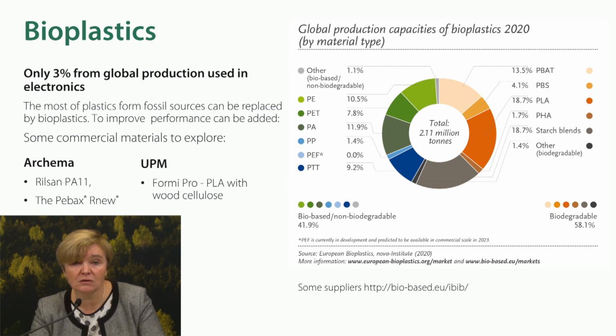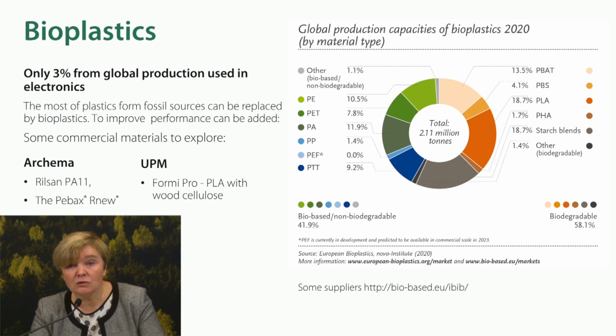So here is the list of, for example, Finnish UPM produced material, where we have the wood cellulose. There is Arkema, who has different options. Stora Enso from Sweden also has wood fiber based polypropylene and other options.